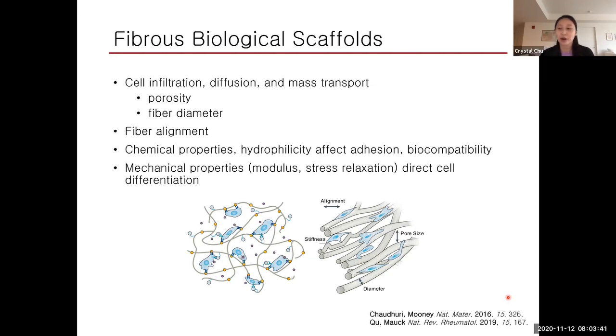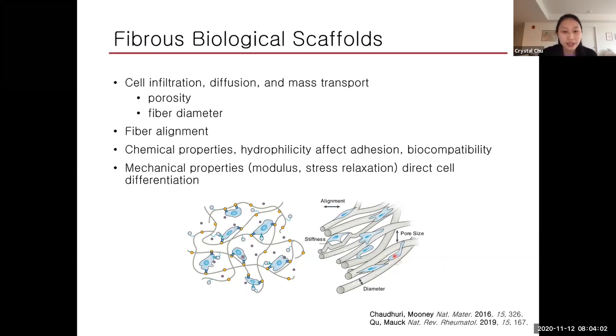This is in large part allowed because of the porosity of structures that are formed by fibrous materials, and the fiber diameter is really important in controlling these types of phenomena. So really it enables the diffusion and transport of things like nutrients and oxygen.